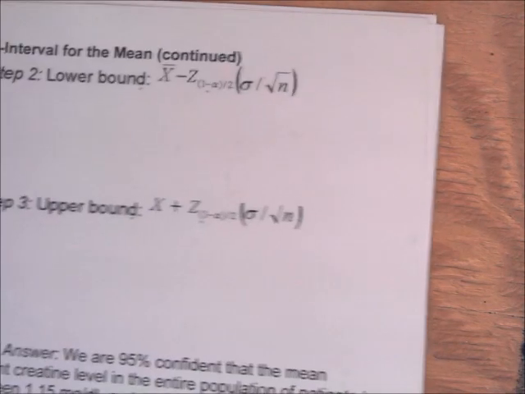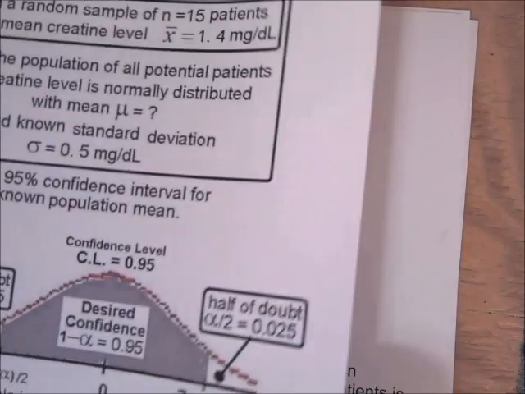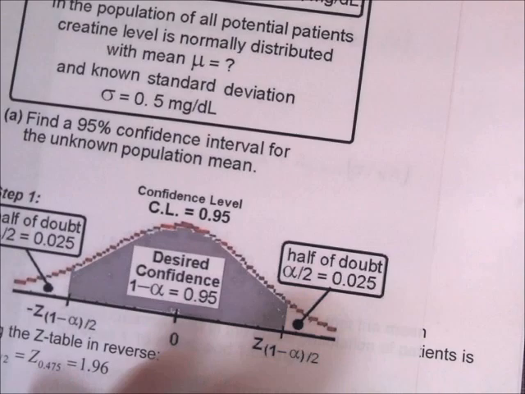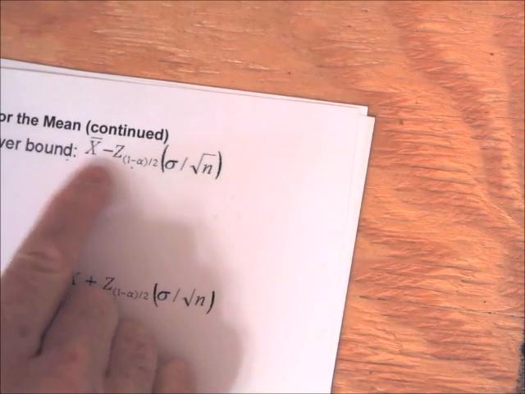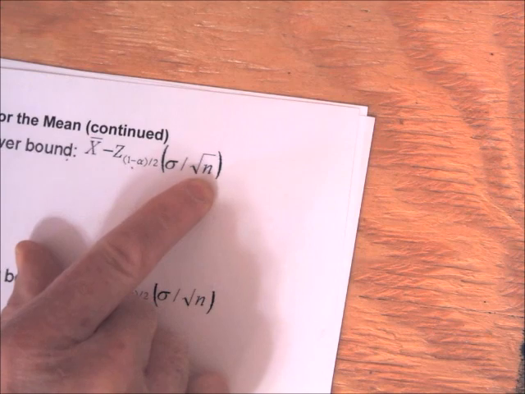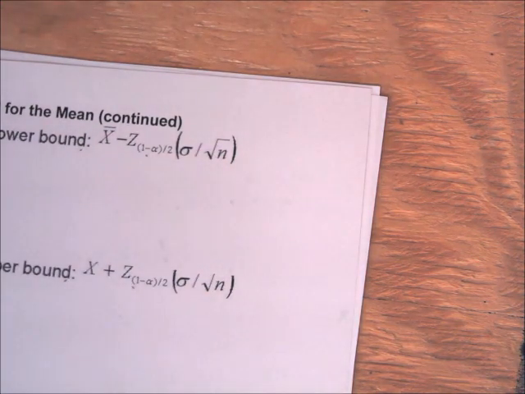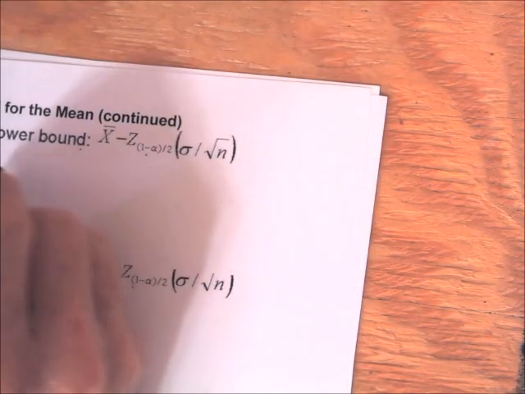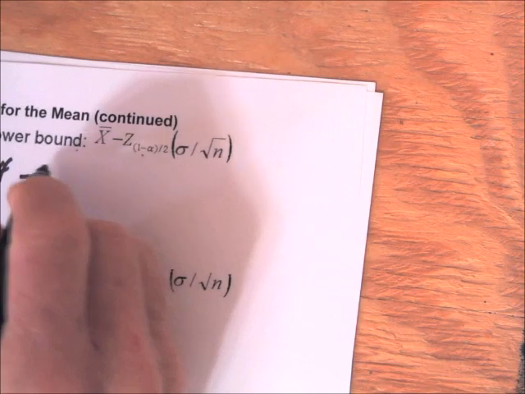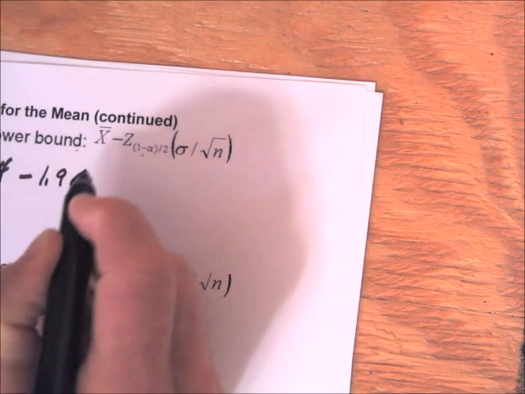So we want to find these x scores. There's a formula for that we can plug into. The lower bound is going to be x bar minus whatever's in the table times standard deviation divided by the square root of n. So x bar is 1.4 minus 1.96.